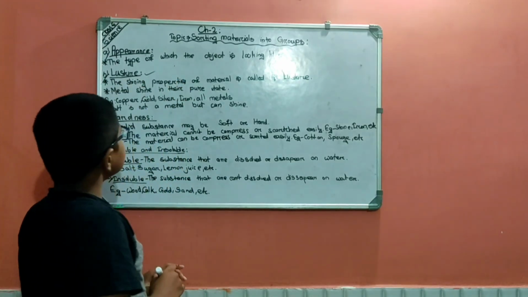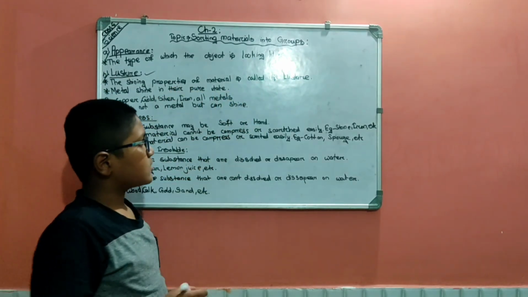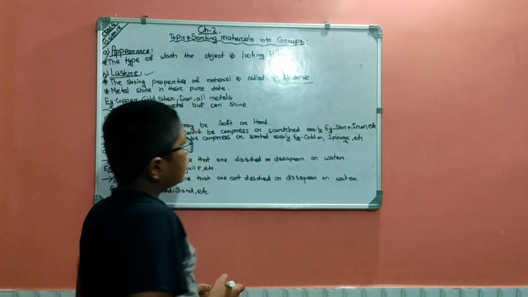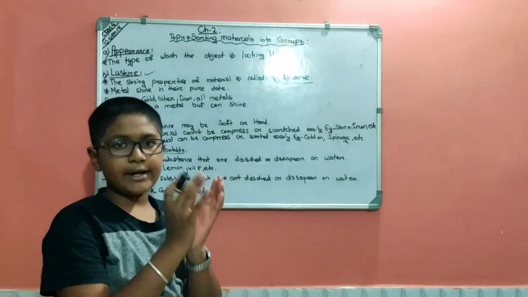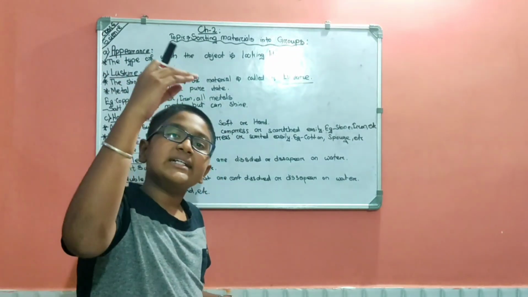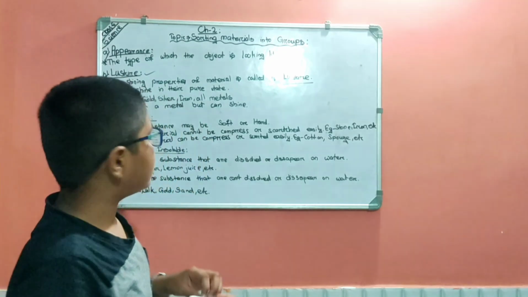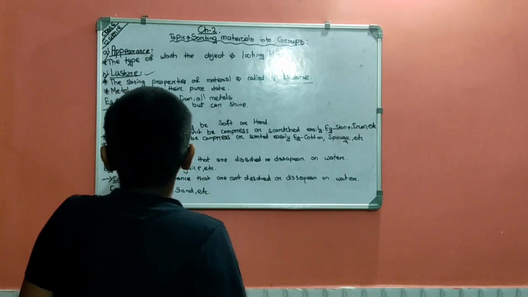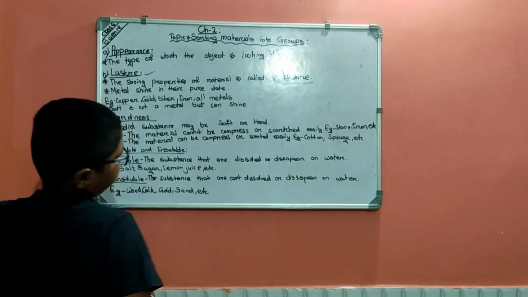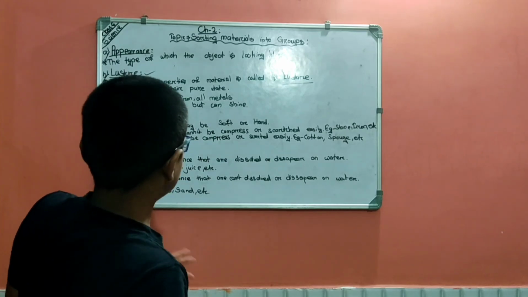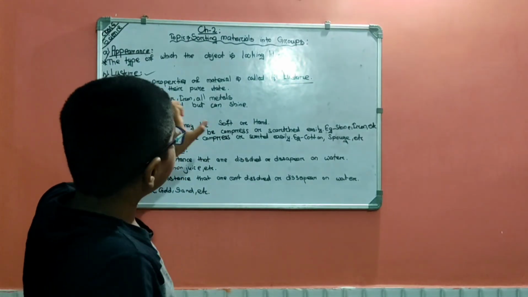What is lustre? The shining property of a material is called lustre. If an object shines, that property is called lustre. Metals shine in their pure state. Metals like gold and silver shine in their pure state.